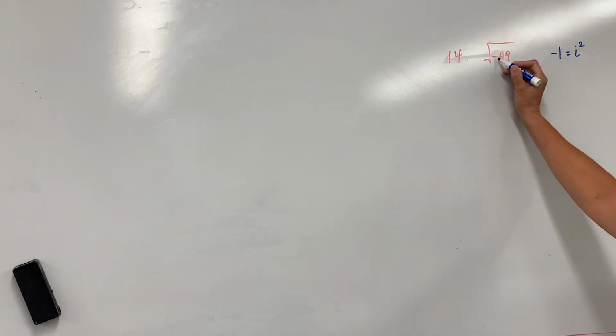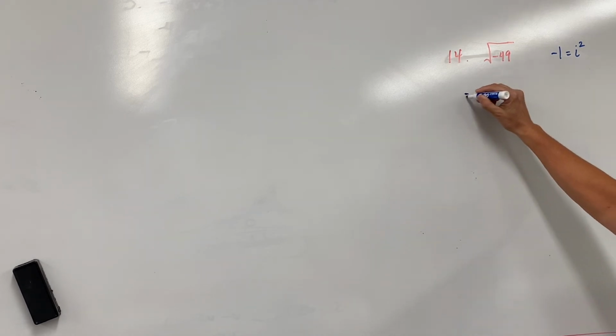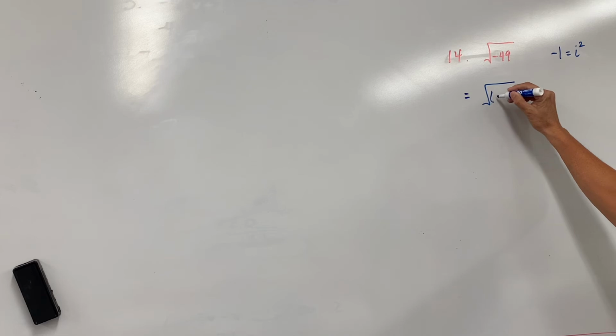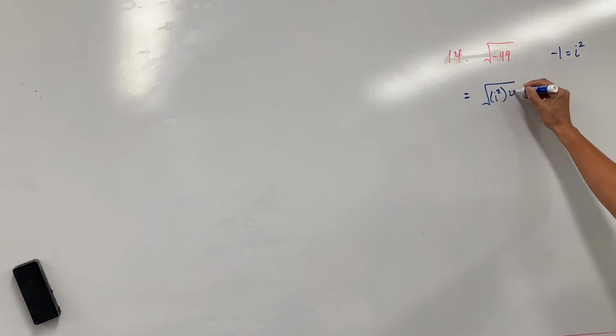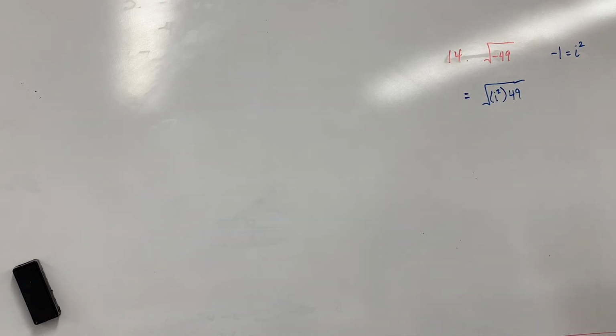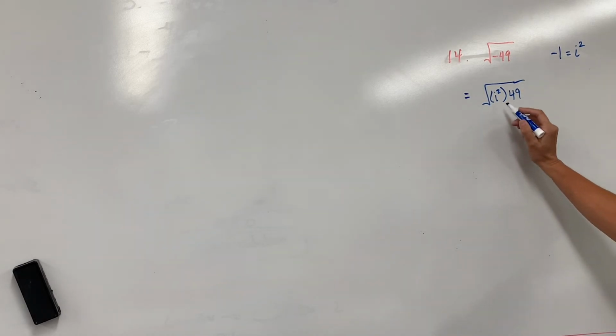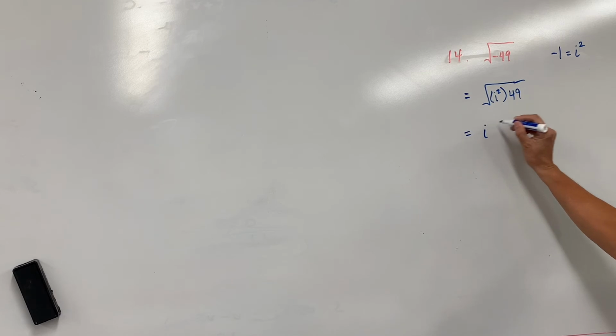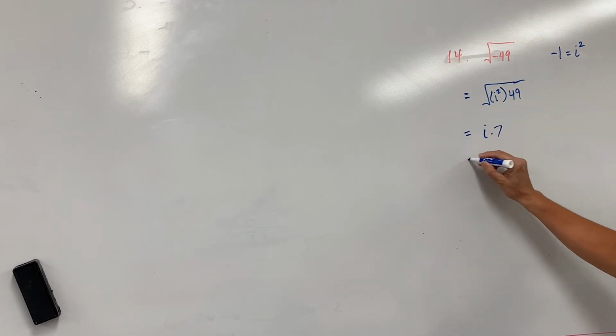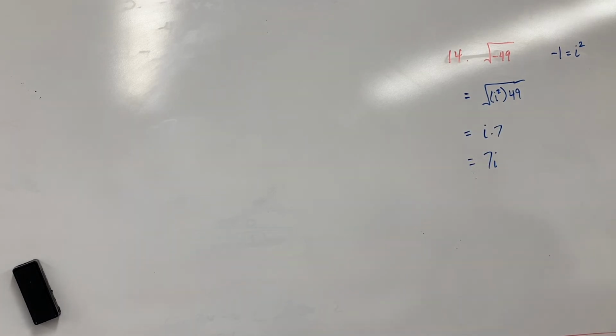So that means I can replace this negative with an i squared. So that's i squared times 49, right? Because negative 1 is the equivalent of i squared. So the square root of i squared is i, the square root of 49 is 7, and they want us to write it in that direction, 7i. So that's my answer for that.